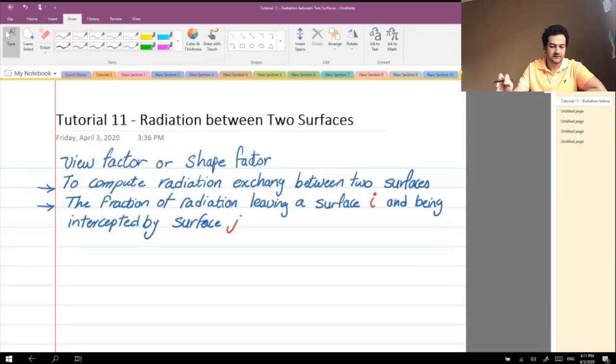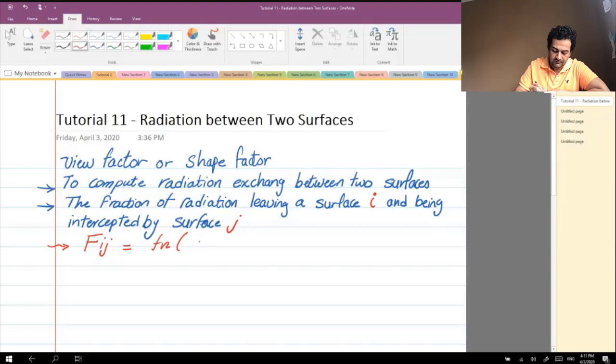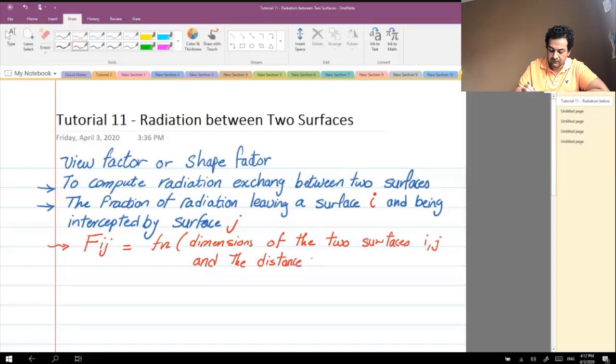It also has another definition. It's all about how surface J can see surface I, or how much of the radiation emitted by surface I will be received by surface J. We call it Fij, and it is basically a function of the dimensions of the two surfaces I and J, and the distance as well, right?